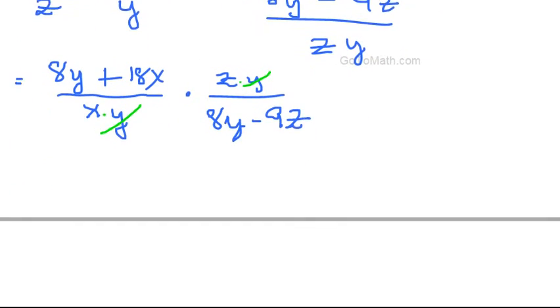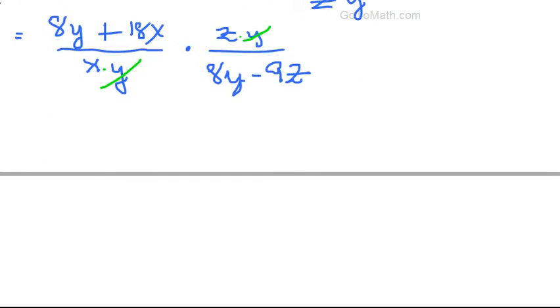Yeah. We could factor, let's see, 9 and 3, 9 and 2. We could factor a 2 out, but that's not going to help out any. We're going to go ahead and distribute this z across.